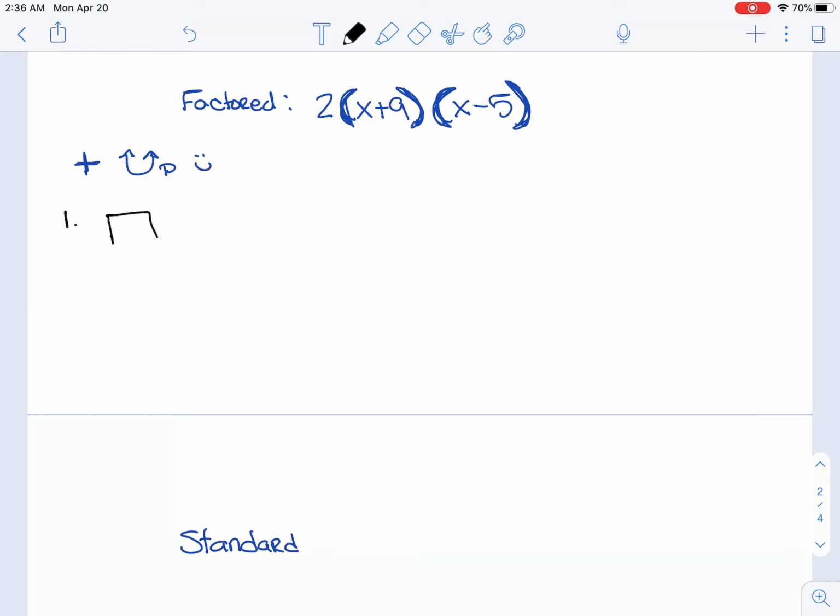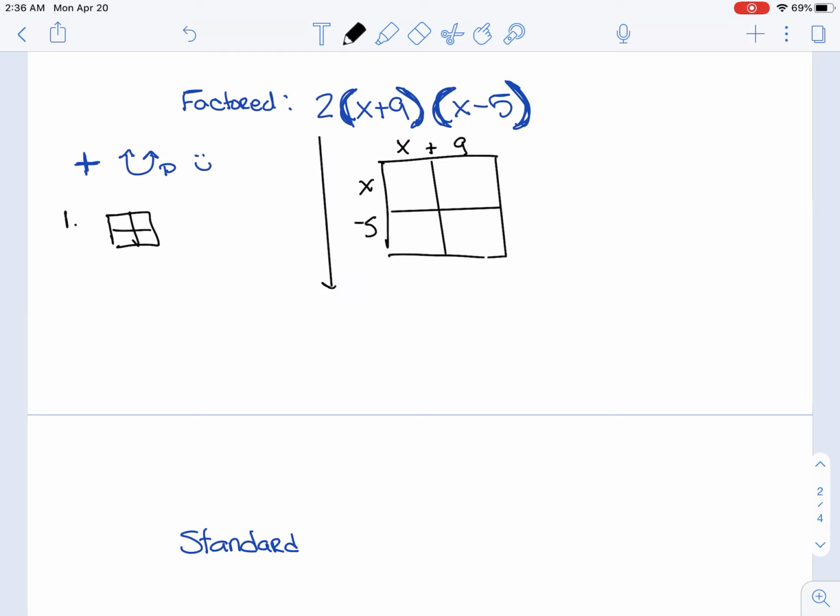That means step 1 says make a box. The reason my boxes have 4 slots is because of the x plus 9 and the x minus 5. We deal with that 2 later. We bring it straight down.